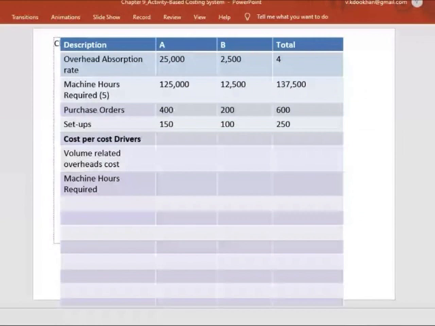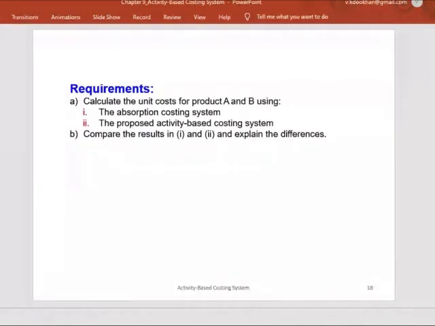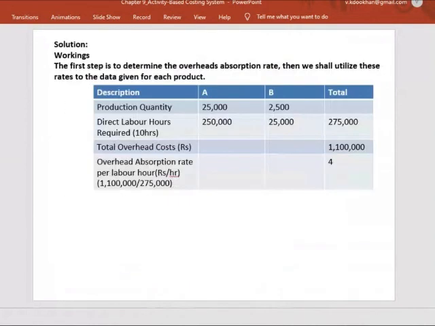Volume related rather. Okay? Volume related, we had calculated. We are going to use it in terms of quantity. Okay? The volume related, we have in the last slide.